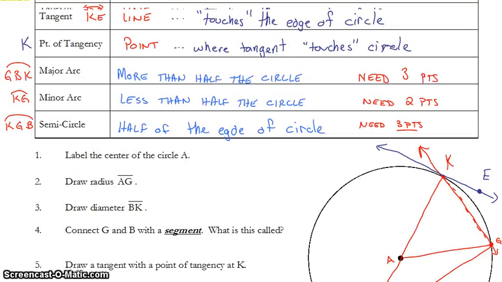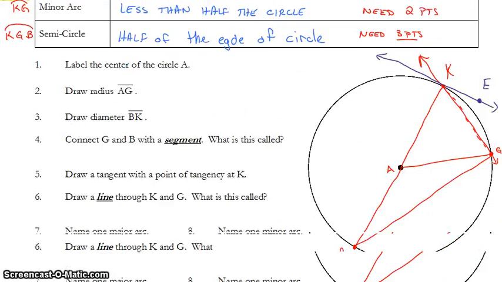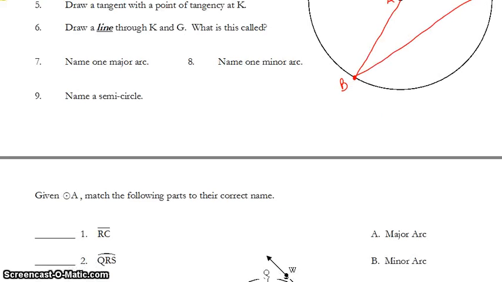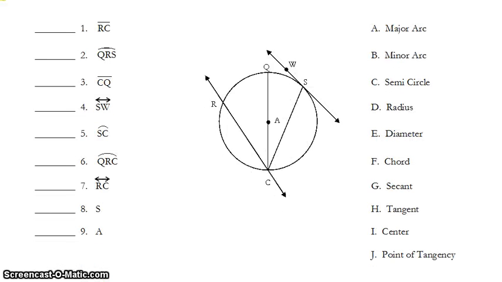Okay, so that's the definitions. That's what everything represents. What you guys are going to need to be able to do with all of that is on the back of these notes. I'll give you a diagram that'll look something like this. And I will have a list of all of our vocab words, and then a list with geometric symbols of different parts that are on that circle. And you have to match those up with the correct vocab word. So what I want you to do is take a few minutes right now.